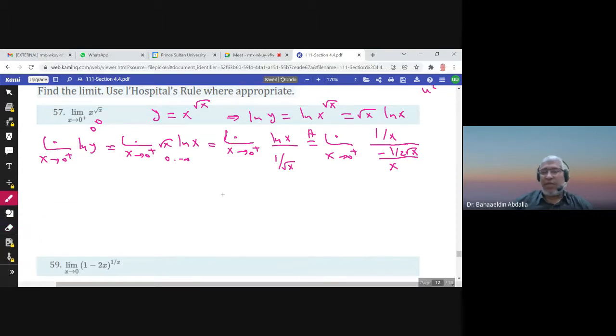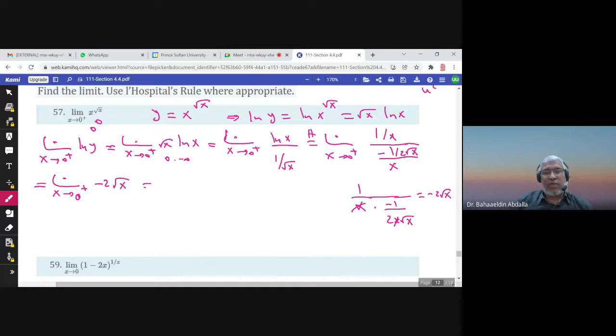First, let me write it as 1 over x, and this is negative 1 over 2x square root of x. So x cancels with x, and I'll have negative 2 square root of x. So in fact, this is negative 2 square root of x.